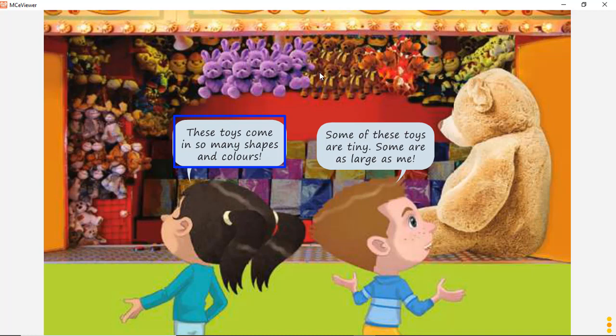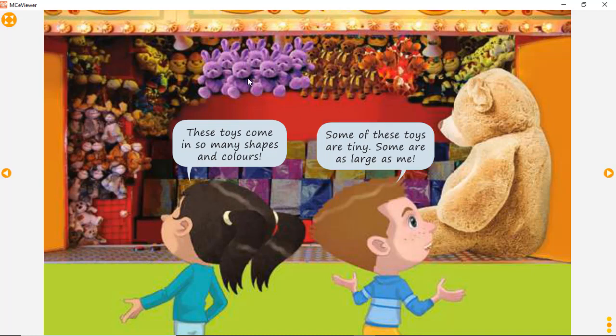Jadi mainan ini ya memiliki banyak sekali bentuk dan juga warna. For example, ada yang purple, red, gray, white, brown. Sedangkan Tom said that some of these toys are tiny, some are as large as me. Beberapa mainan ini ada yang kecil, tapi ada juga yang besar.